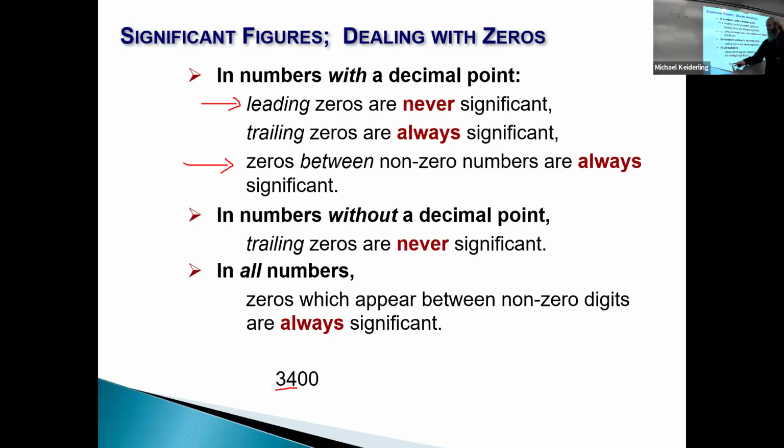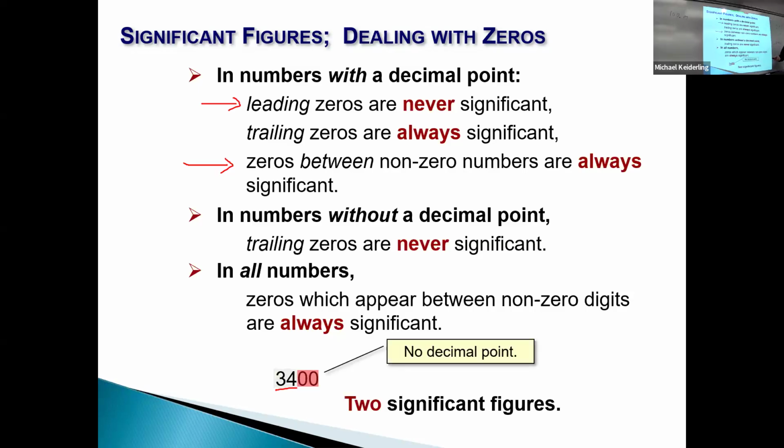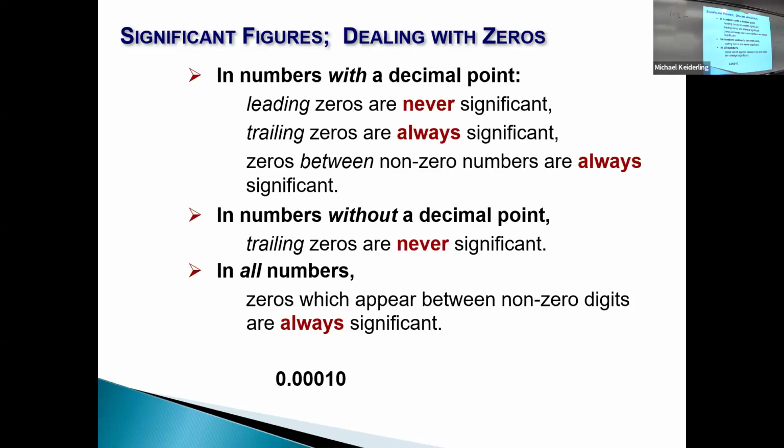So for example, 3400 has 2 significant figures and 2 non-significant digits. No decimal point, so those don't count. This has 2 significant figures. Here we have 0.00010. There is a decimal point. The leading zeros are never significant.